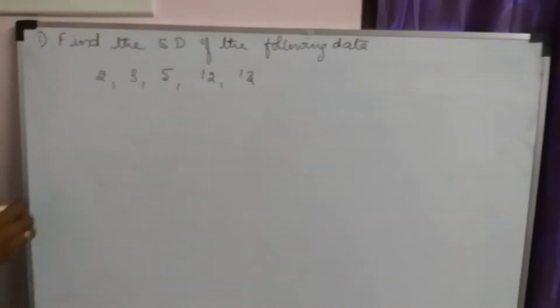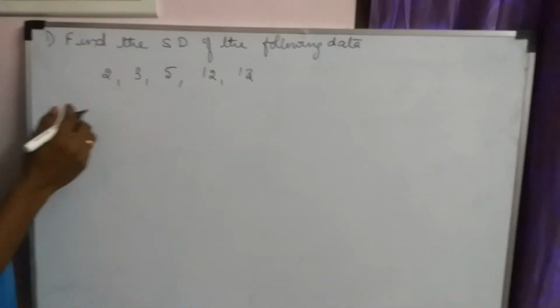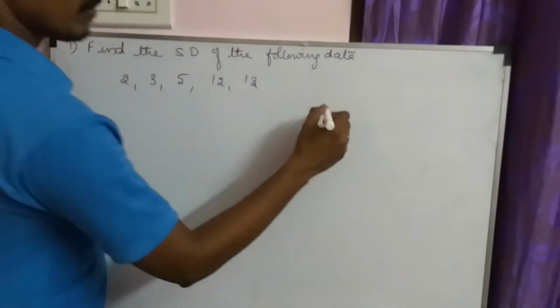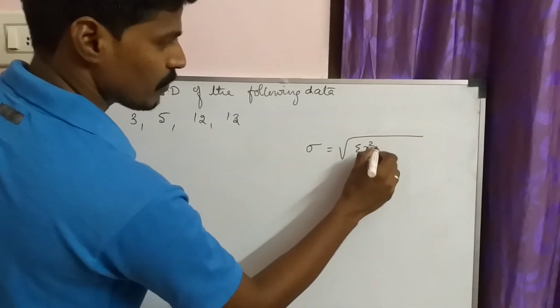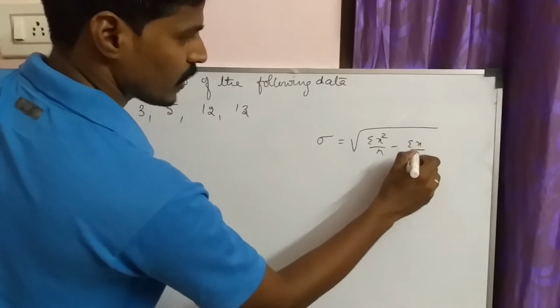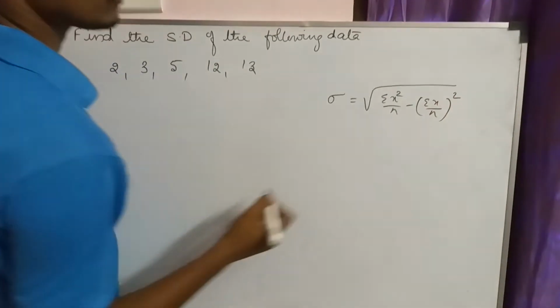See here, first it is raw data. The raw data formula for the standard deviation is sigma equal to square root of summation x squared by n minus summation x by n to the whole squared.